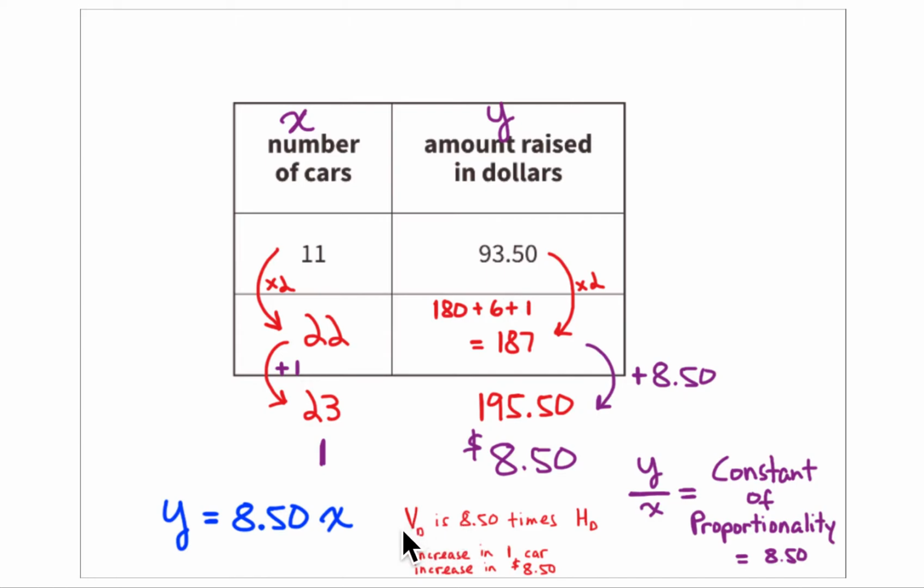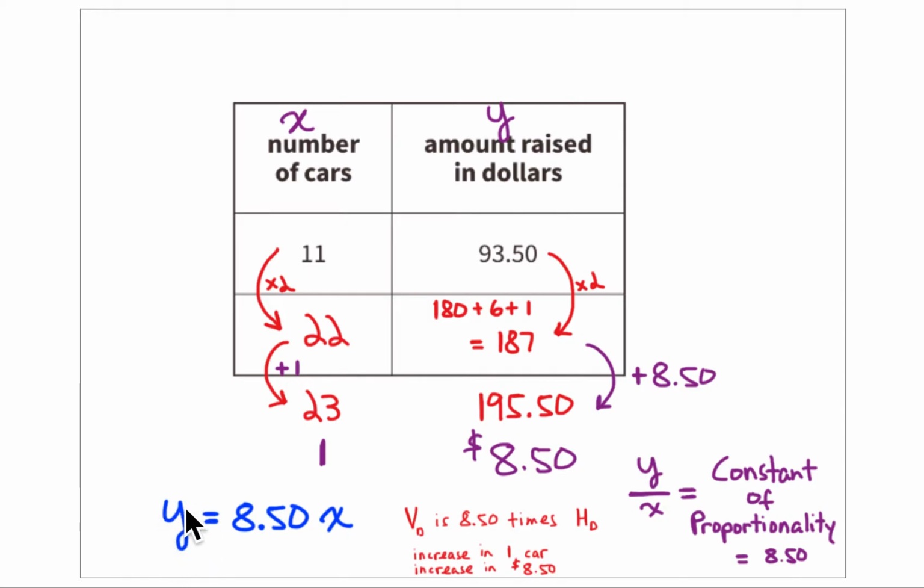So the number of units along the y-axis is 8.5 times the number of units along the horizontal axis. And that's what this says right here. The value in the y direction is 8.5 times the value in the x direction.